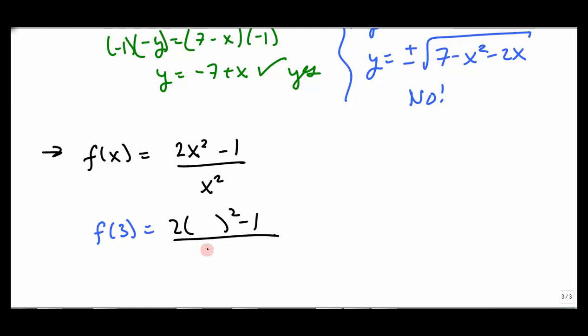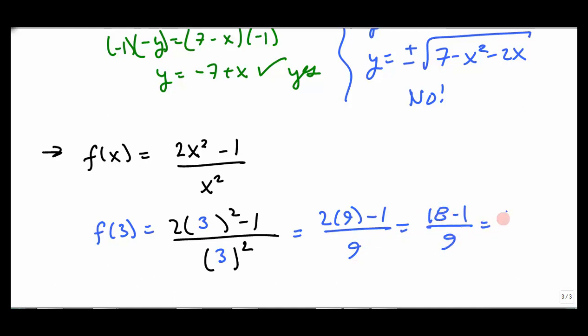So in the denominator we'd have this squared as well. So everywhere that there's a blank, then we would just go ahead and plug in the 3. And you have to have parentheses around the base. Order of operations, 3 squared is 9. 18 minus 1 over 9. 17 over 9.